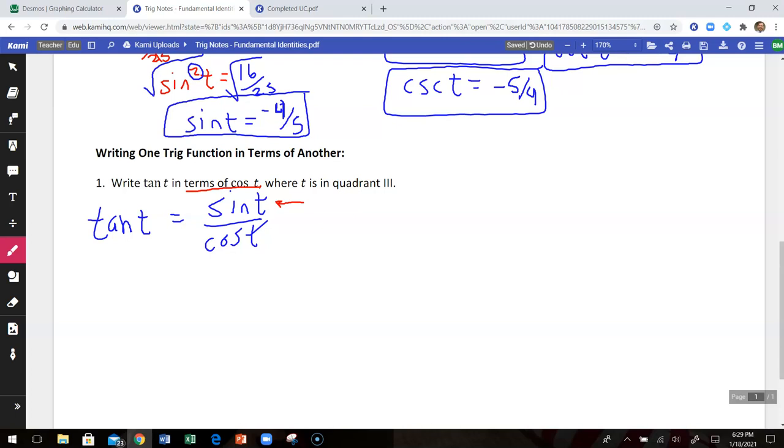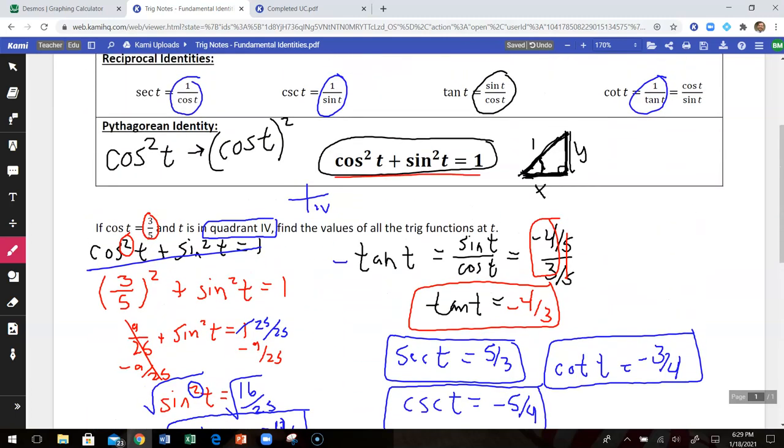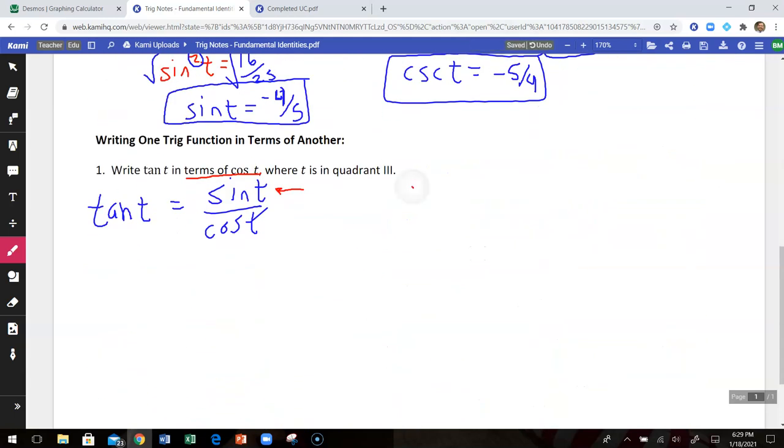So I'm going to think, how can I replace sine with cosine? I've got to come up with some identity that involves sine and cosine, and that means I'm going to use my Pythagorean identity. Just out to the side here, I'm going to say cosine squared of t plus sine squared of t is equal to 1.